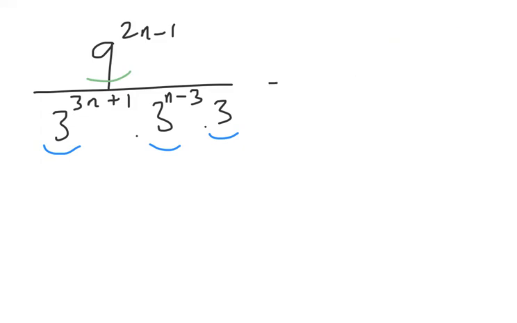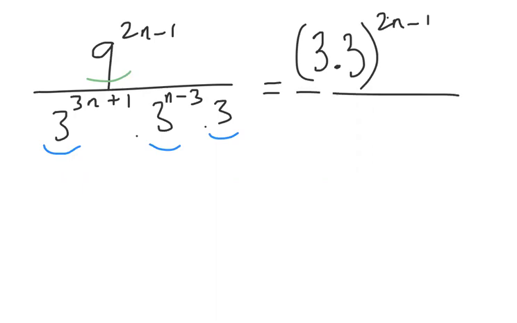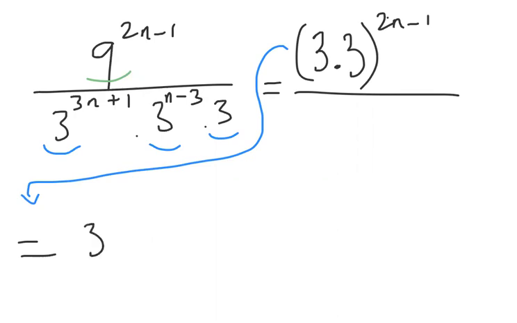Take the top term, which is 9, and I'm going to say 3 times 3, and all of that to the power 2n minus 1 over whatever we have there. So I'm just going to work with the top quickly first. If you break it up, it's going to be the first 3 to the power 2n minus 1, and then the second 3 to the power 2n minus 1. So that's one of the rules.